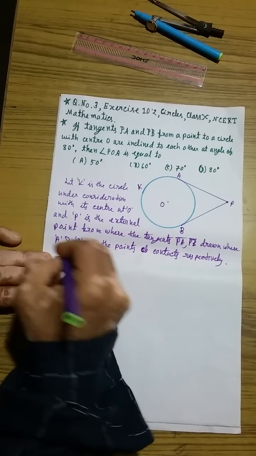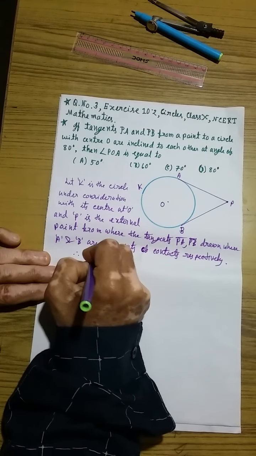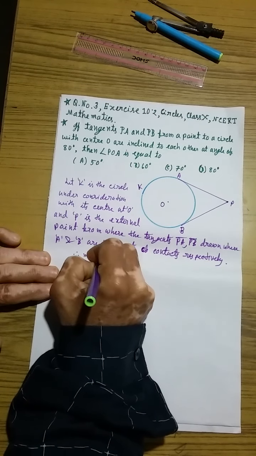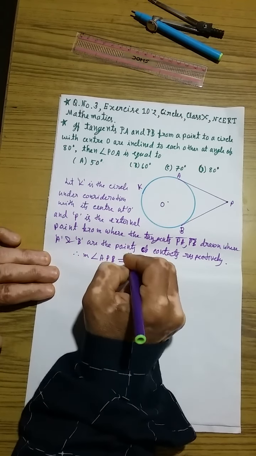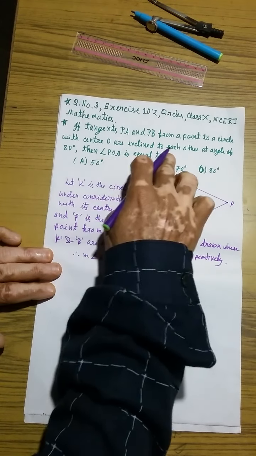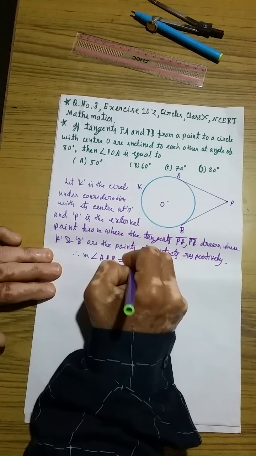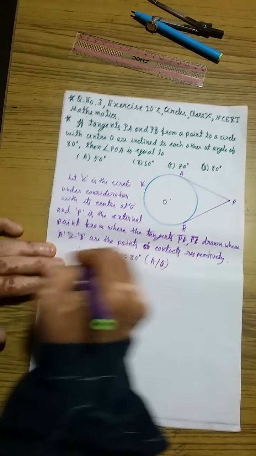After this, proceed in this way. Therefore, measure of the angle APB is equal to, according to the question, 80 degrees. So write within bracket: according to question.